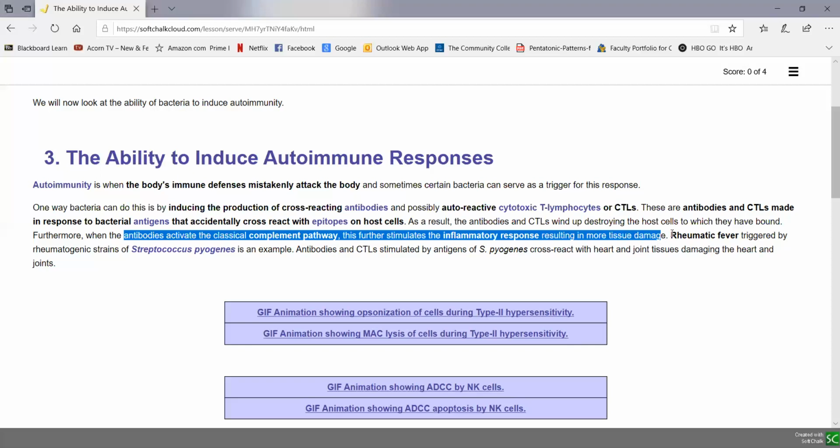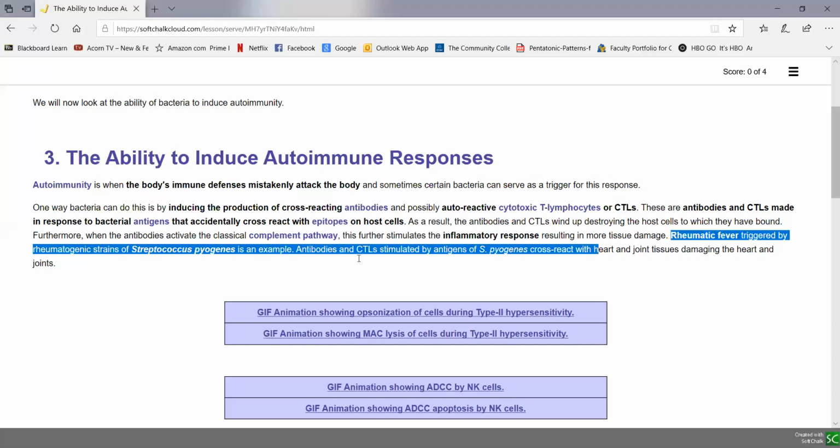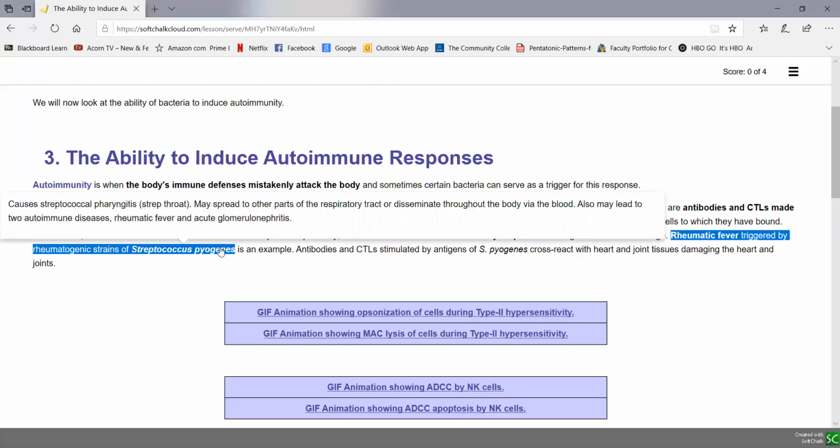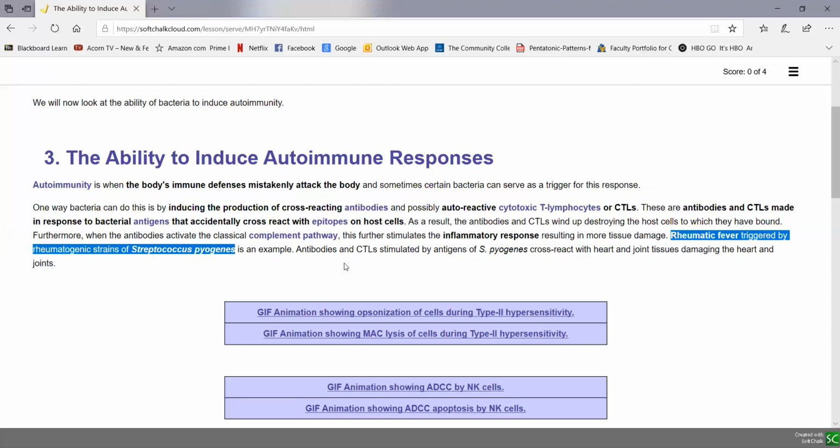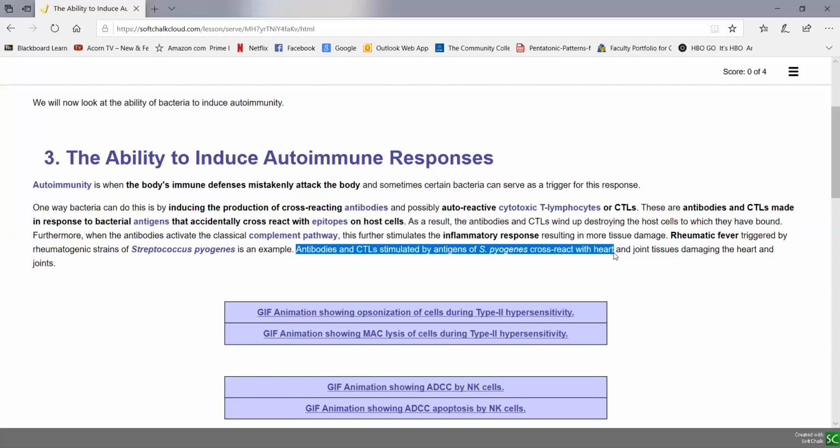Now, for example, rheumatic fever is triggered by rheumatogenic strains of Streptococcus pyogenes, the group A beta strep that cause strep throat. But in certain individuals, when infected with these specific strains, antibodies and possibly cytotoxic T lymphocytes stimulated by the antigens of Streptococcus pyogenes cross-react with heart valve tissue and joint tissue, damaging the heart valves and damaging the joints.